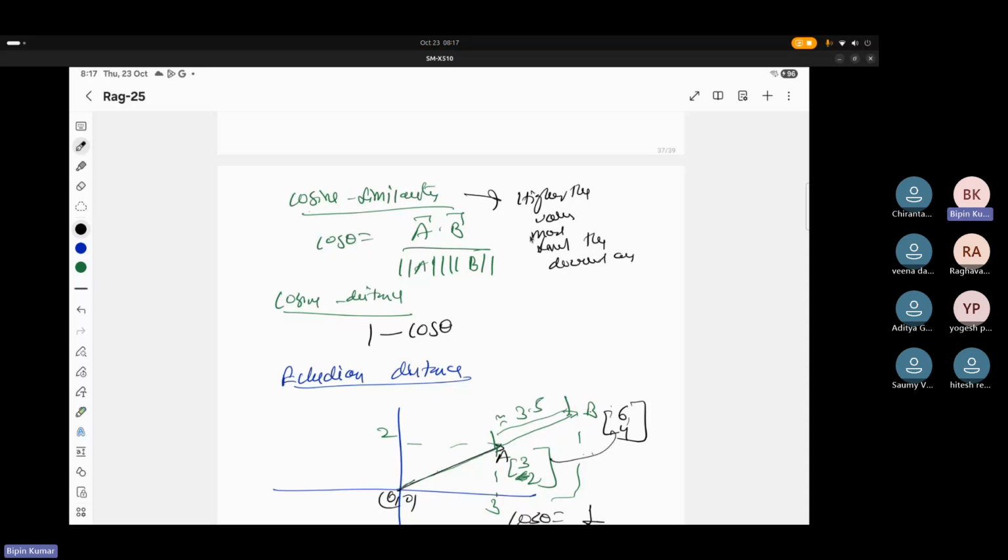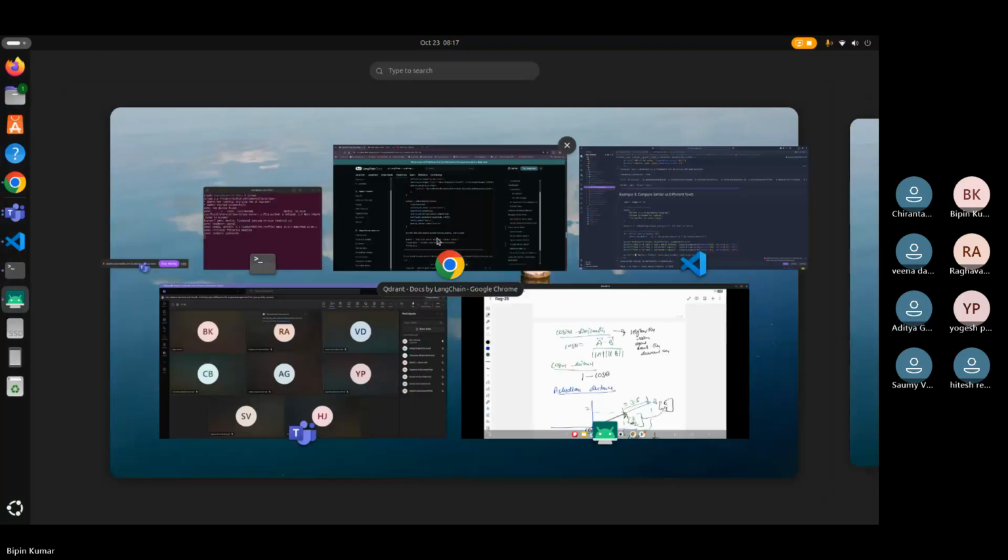Cosine similarity is the most famous one, and 99% of cases we use cosine similarity. Okay, sir.